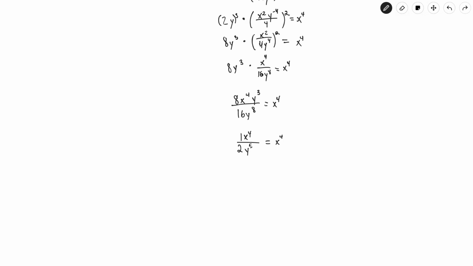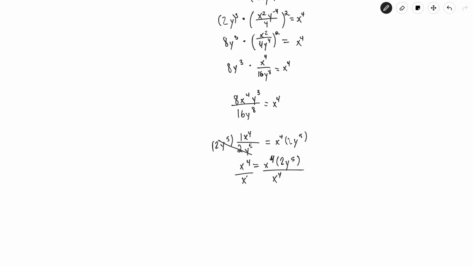And so what can I do? Maybe I'm going to multiply both sides times 2y to the 5th power. That cancels. I get x to the 4th equals x to the 4th times 2y to the 5th power. Maybe I can also divide x to the 4th from both sides.